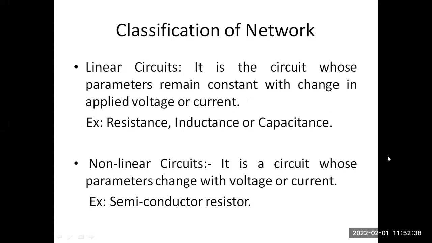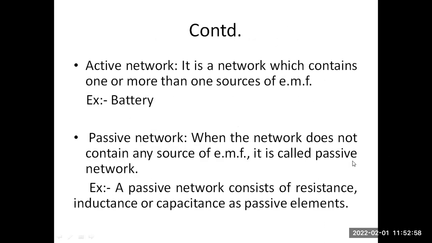So similar to linear element and non-linear element. A linear circuit consists of resistors, inductors, and capacitors, whereas the non-linear circuit is basically semiconductor devices, and those things come under the family of non-linear circuits. Okay, so we have understood this classification of the network.